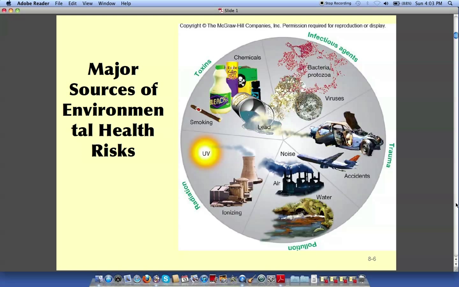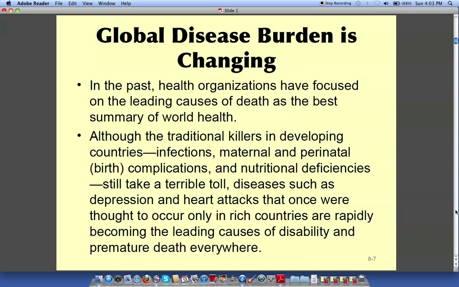So this chapter is basically taking a look at these types of things and what kind of things are wreaking havoc on our environment.